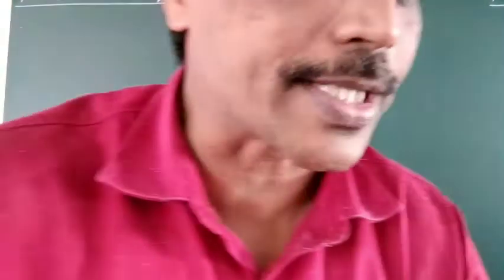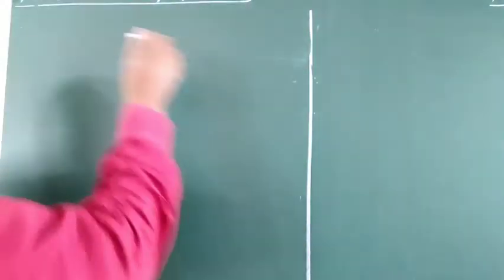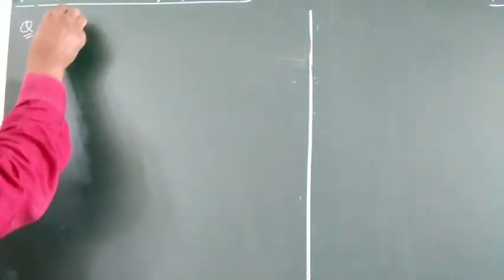Now, in continuation of the same chapter, today it is half of many things, half of many pieces. One example is given in your textbook, half of many pieces. I will write this example here.